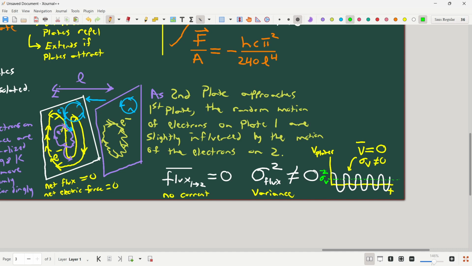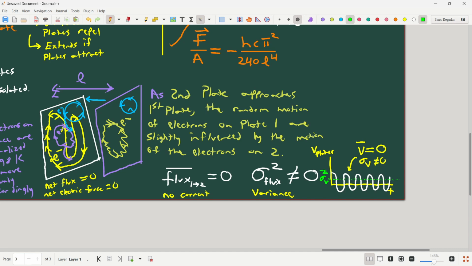The fluctuations of the system cause the voltage to have a non-zero value when you look at things in quadrature, when you square everything. When you square things, the average of the square is not equal to 0, but the average of the value is 0. That's what this is saying. So the square of the voltage is non-zero on average, but the average voltage is 0.